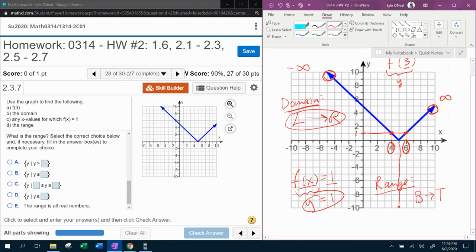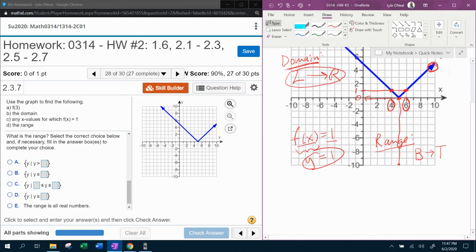As I come up, I can see that the graph starts existing at 0. Remember, we're looking at the y-axis because the range are the y's. So this graph is going to start at 0, and since there are arrows here, it means it's going to go up forever.